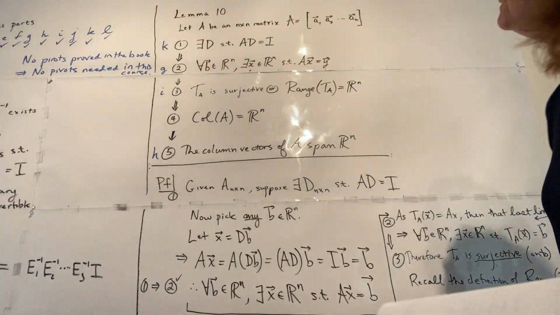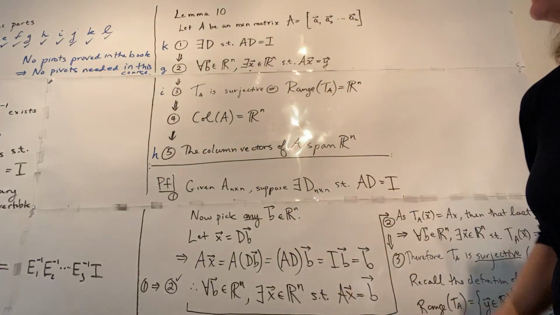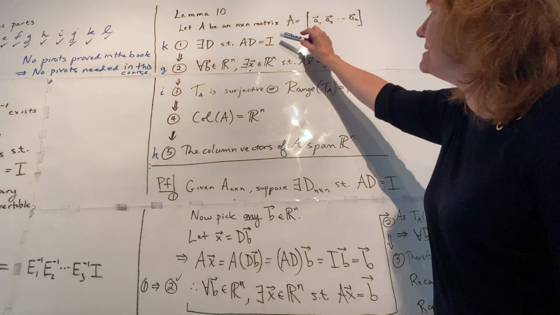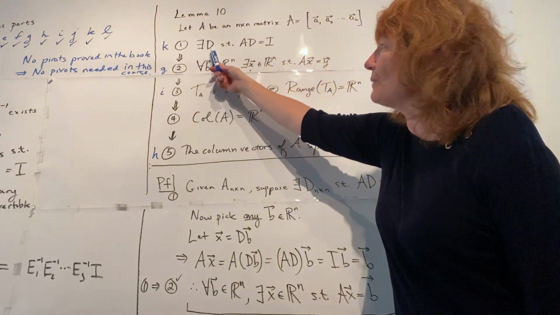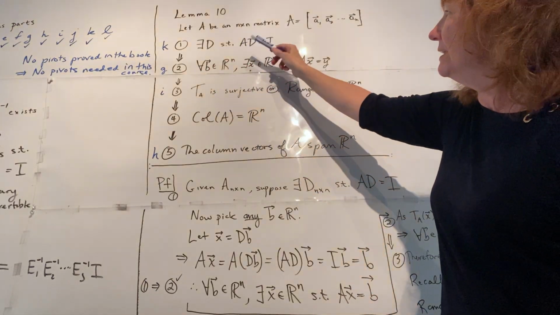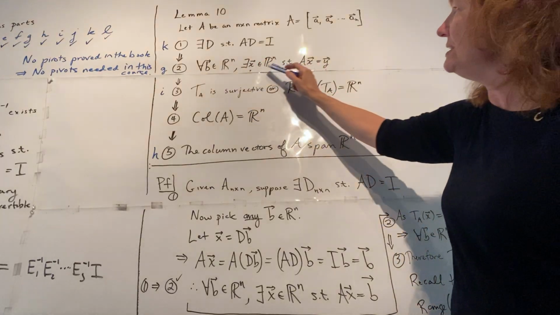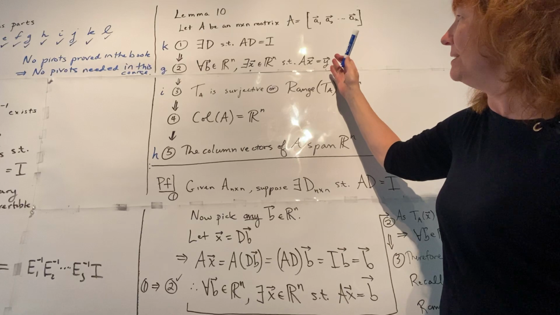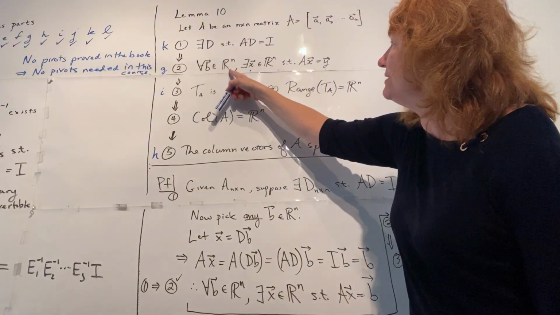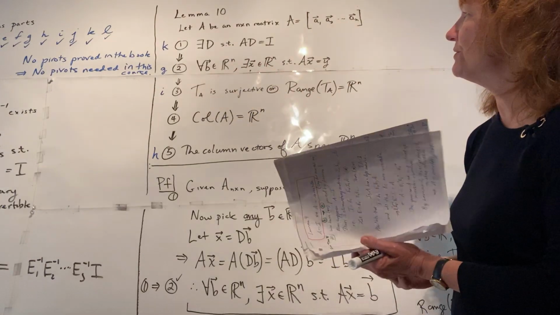So, focusing on what we have proved and using it to go forward with proof, we have lemma 10, which has parts K, G, I, and H of theorem 8 for reference. Okay, here's how it goes. If there exists what we call a right inverse, a matrix D, such that AD is equal to the identity, we can prove that that shows essentially that the mapping is onto, that T sub A is surjective, because for all vectors in Rn, there exists, remember, T sub A goes from Rn to Rn.